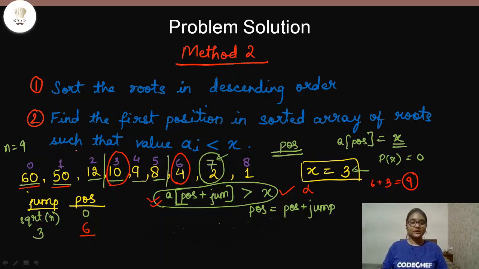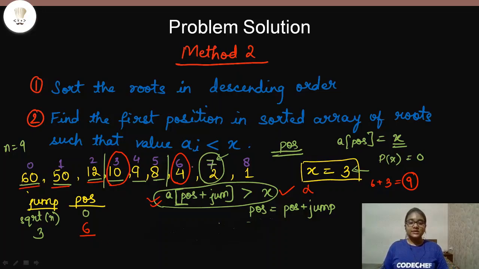The second step is to find the first value in the sorted array of roots which is less than x. So instead of checking for each and every value, we have reached a point where we know that after that it can be less than x, but before that we are sure that it is not less than x. So we'll have to check for lesser values, right?